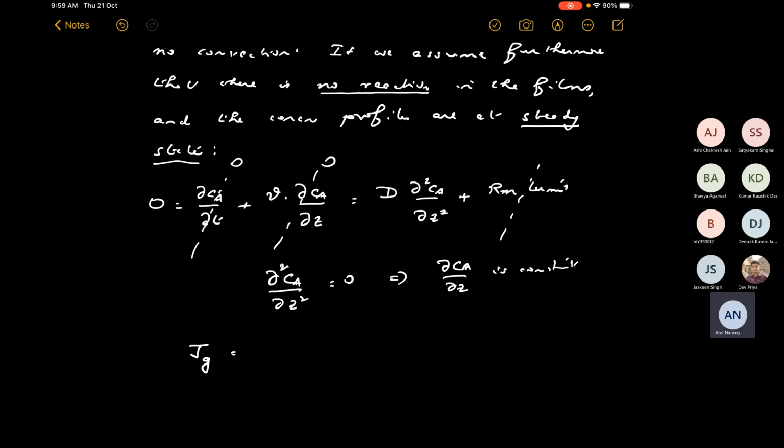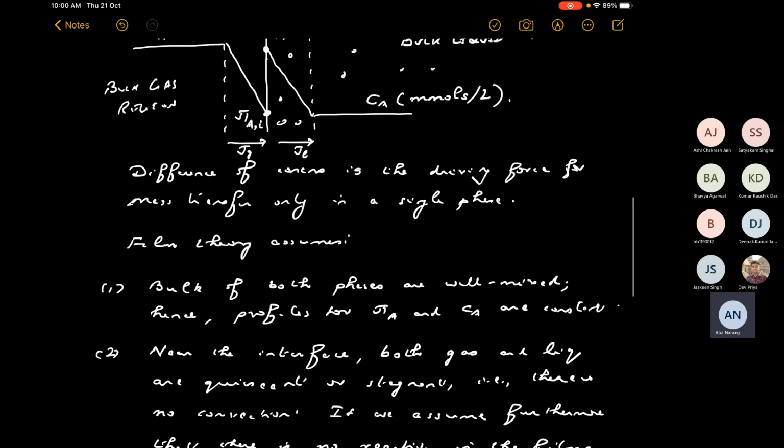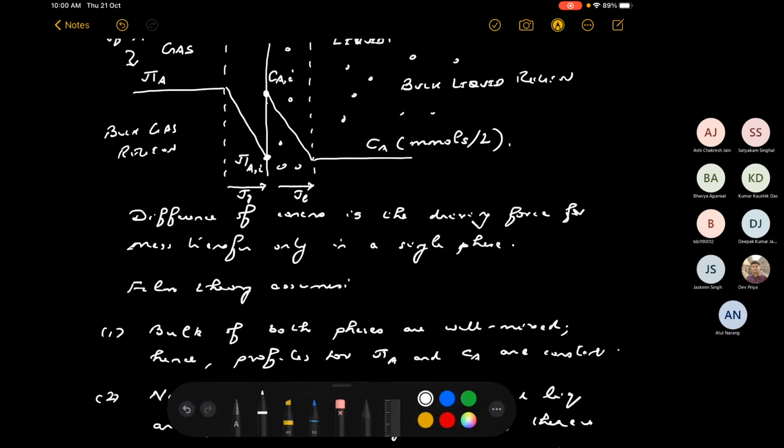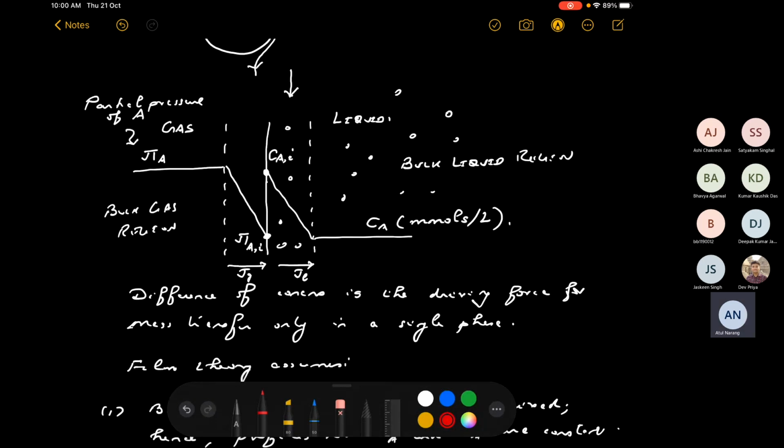Jg is going to be equal to D_A,G, the diffusivity of the gas A in the bubble, times this expression, divided by Lg, which is the thickness of the stationary film in the gas phase.